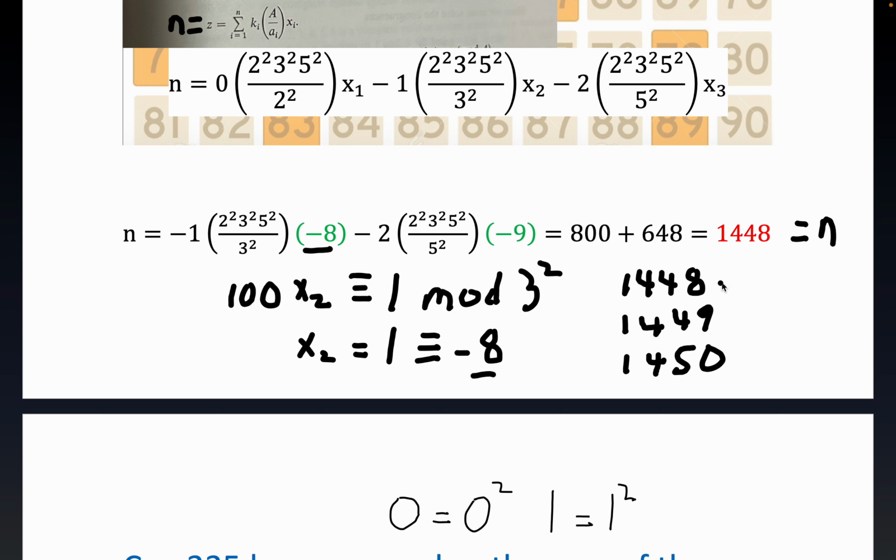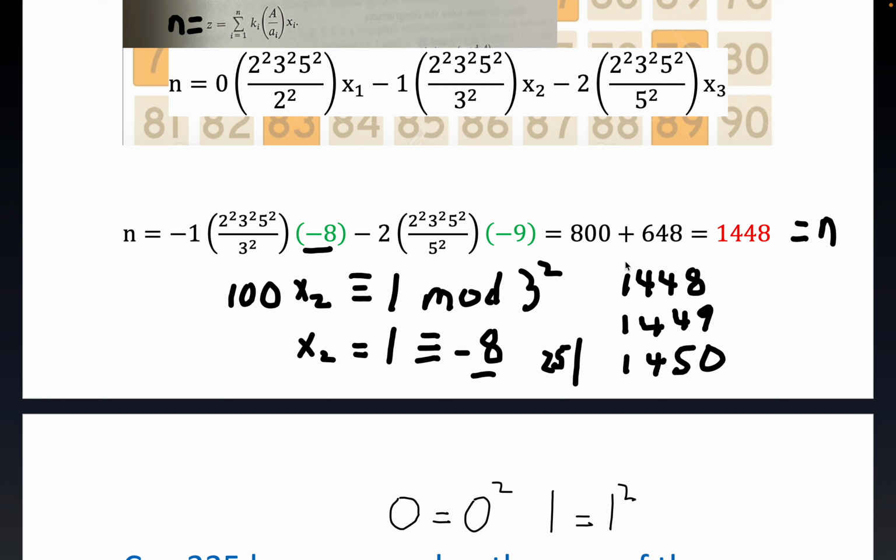This one would have to be divisible by 2 squared, right? Easily, I think. This one, I'm not sure what it's divisible by. But 25 definitely divides this one, and 25 is 5 squared, right? So I don't know what it is for this, but you can compute it if you want to.